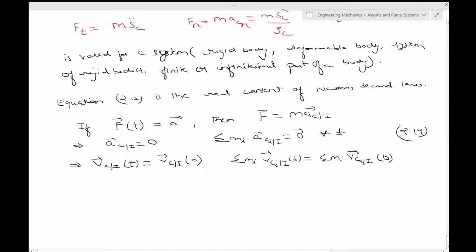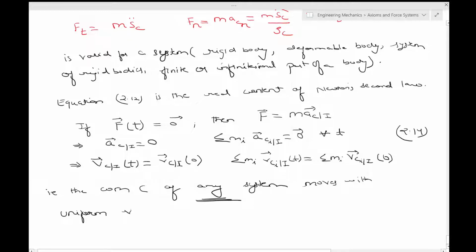Okay, and in words we say this: the center of mass C of any system, not deformable or not rigid, any system, moves with uniform velocity relative to frame I if the total external force on it is 0.